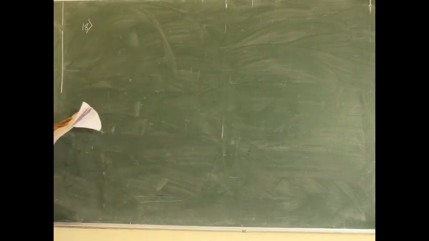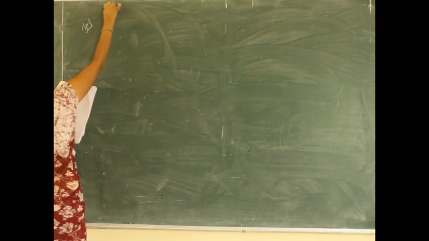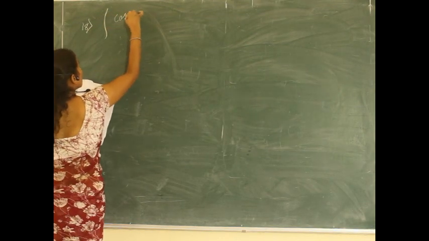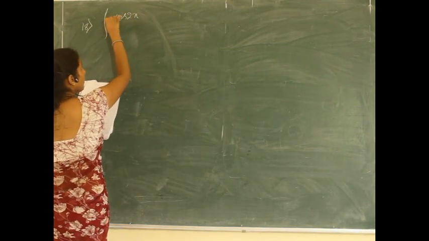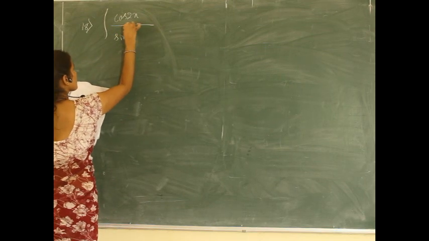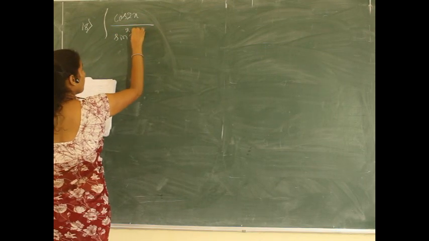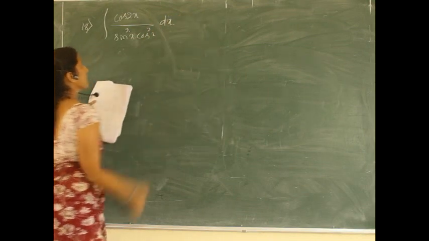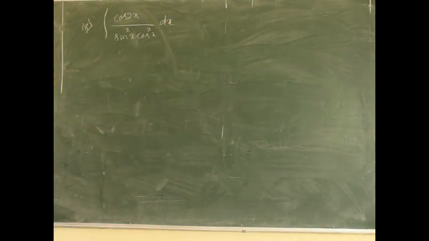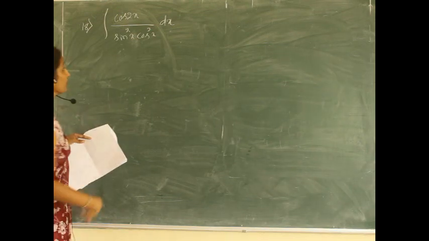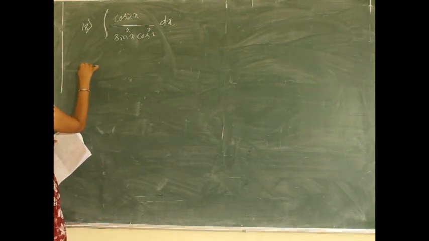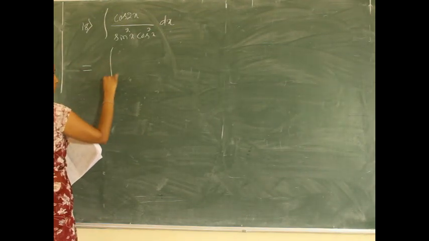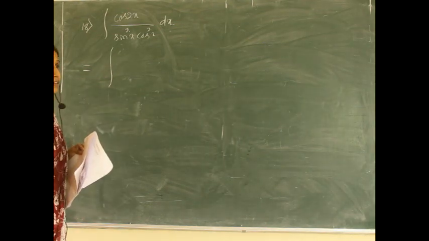Next question, 18th one. Integral of cos 2x divided by sin square x into cos square x dx. This is a simple one. So what we can do is use the formula of cos 2x.